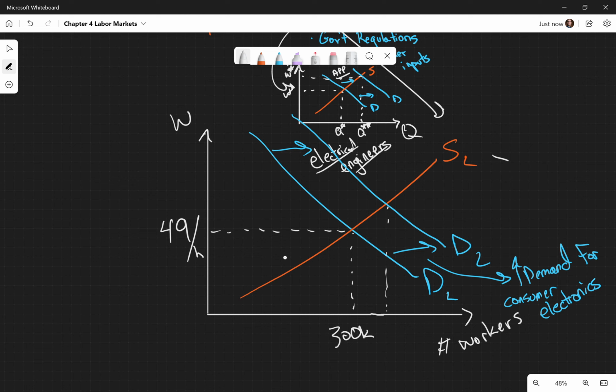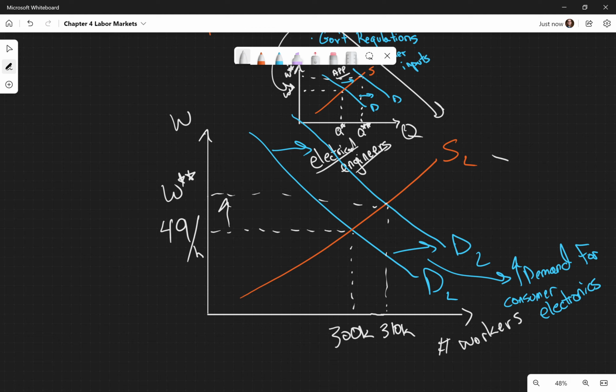I would just label this 310K, and then I would label this some sort of W star that is obviously higher. So to me, electrical engineers are most likely going to be having real wage increases in the future rather than when we had a supply shift, it was a real wage decrease.